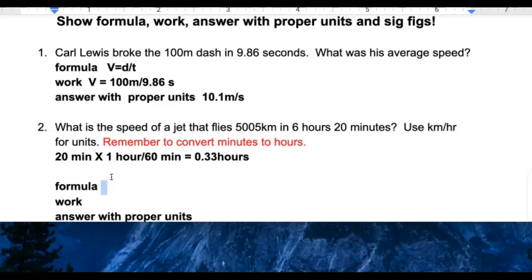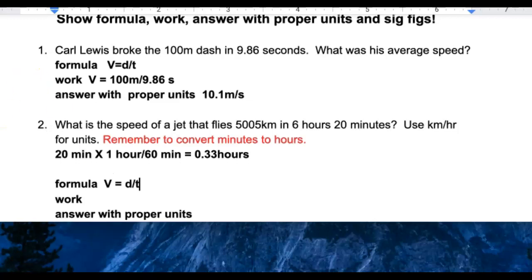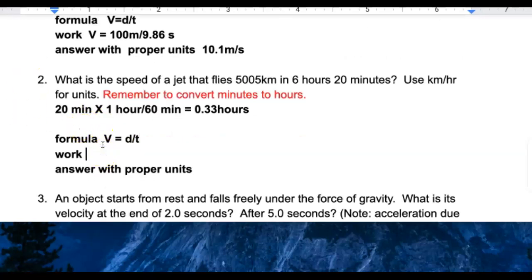So I'm looking for speed. So again, it's going to be V equals D divided by T. Now my work is going to be V equals my distance, 5,005 kilometers, divided by 6.33 hours.